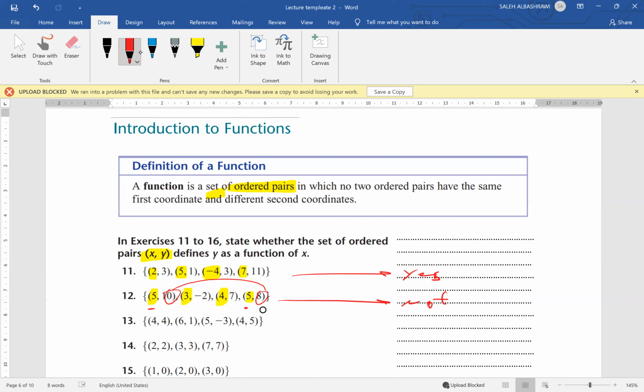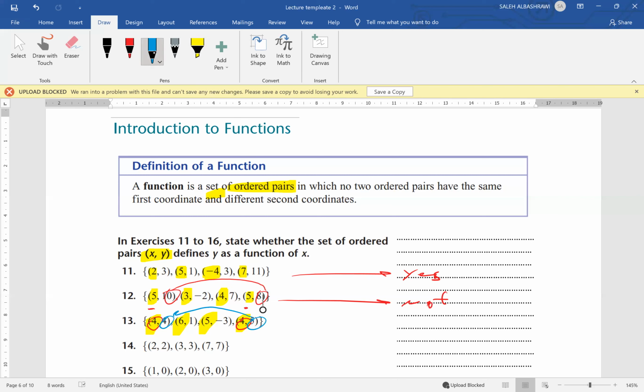For the third one, again, we check the first coordinates. I have 4, 6, 5, and 4. Two ordered pairs have the same first coordinate, 4 and 4. Then I need to check the second coordinates, which are 4 and 5.